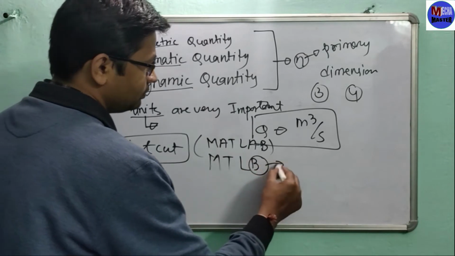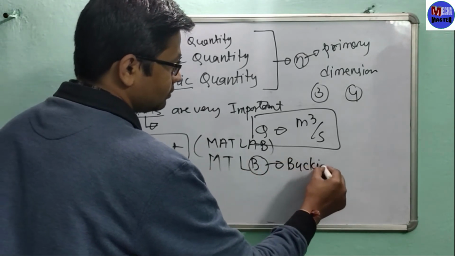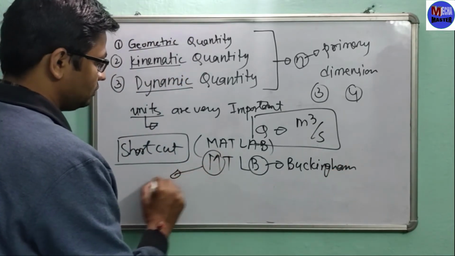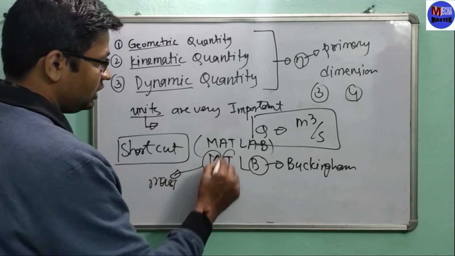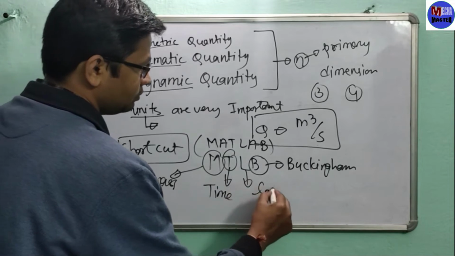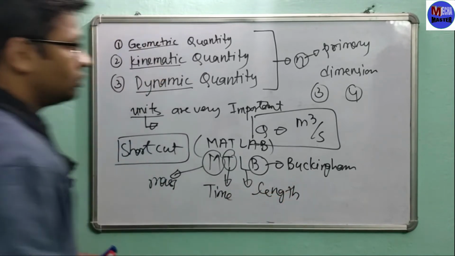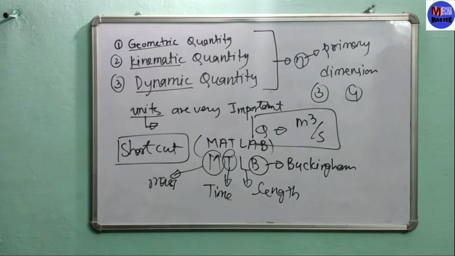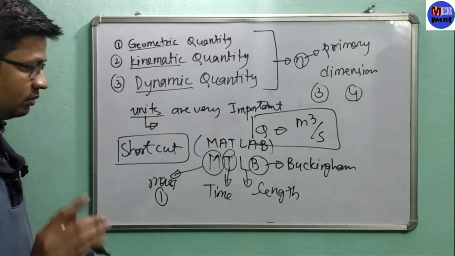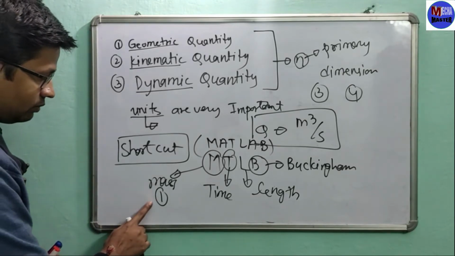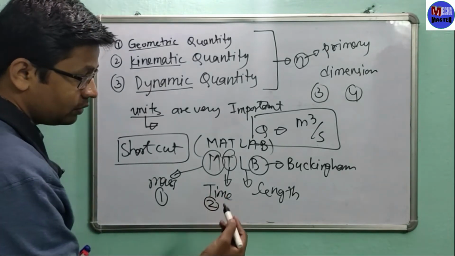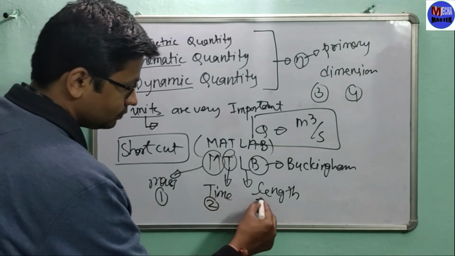B means Buckingham, M means mass, T means time, and L means length. Now suppose the first priority we will give always to mass. First priority will be given to mass, second will be given to time, and third priority will be given to length.